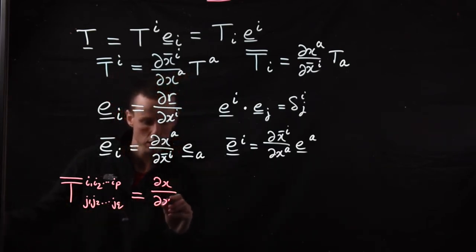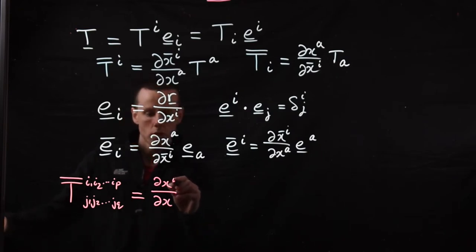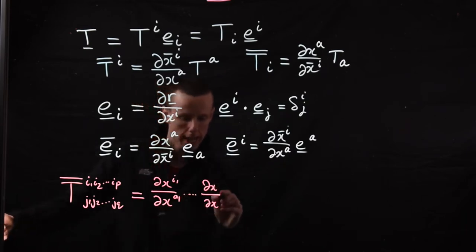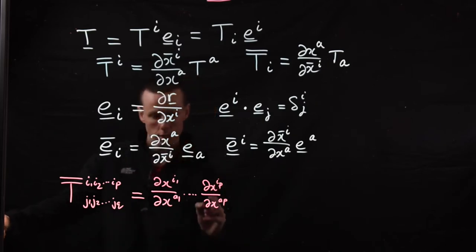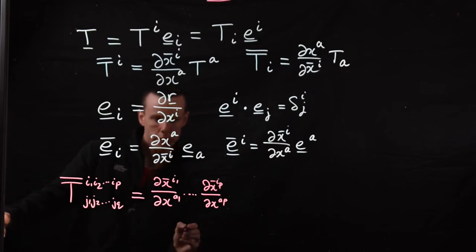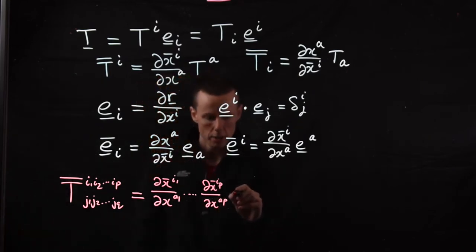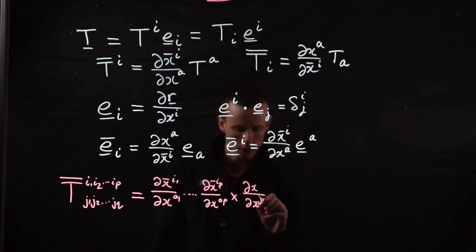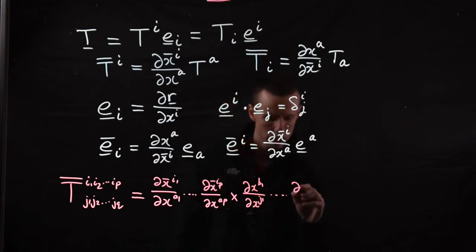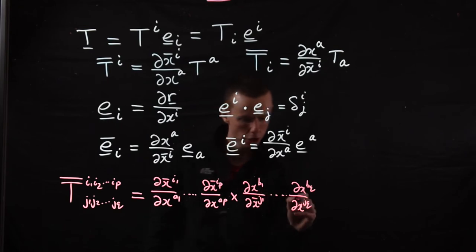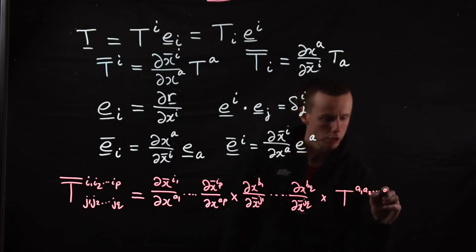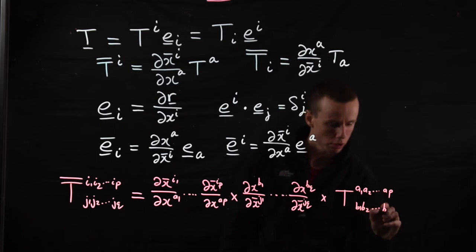We have dx, dx, I1, A1, all the way up to dx, dx, IP, AP, and we put bars on all the upstairs x's, the xi's, and then we have multiplied by dx, dx, J1, B1, all the way up to dx, dx, JQ, BQ, and we put bars down here with the j's, and then that is all times t, A1, A2, ... AP, B1, B2, ... BQ.